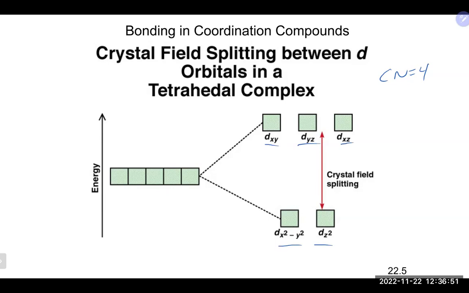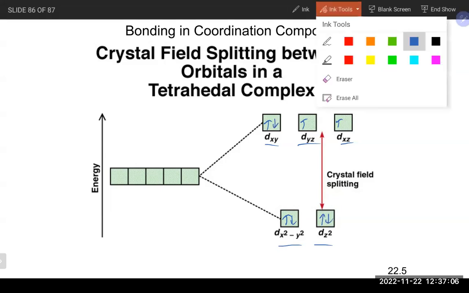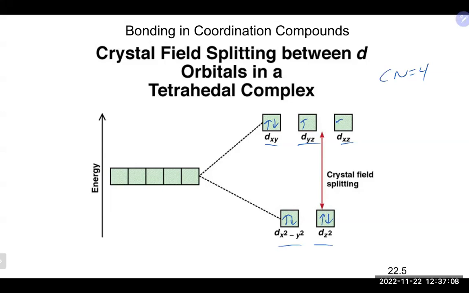If we had a weak field, we would expect the electrons to roll through and start populating before they come back and pair off. We would calculate the number of electrons in the transition metal that's in the complex ion.